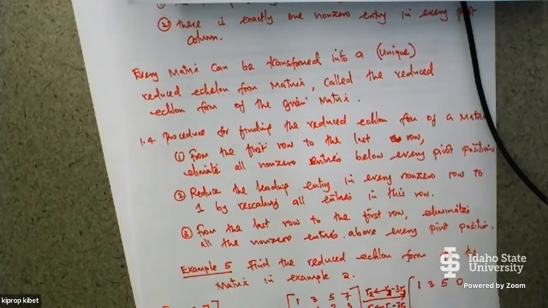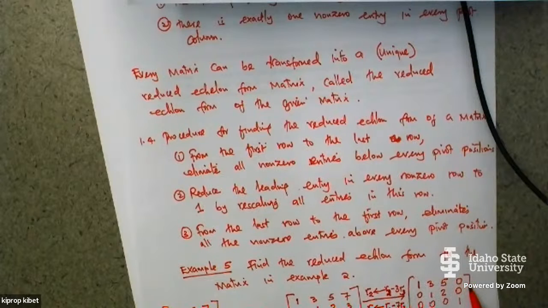The new R2 will now be R2 minus 3 R3. So we have 0, 1, 2, and lastly 0 there. And then here we have 0, 0, 0, and 1. Any question after that?